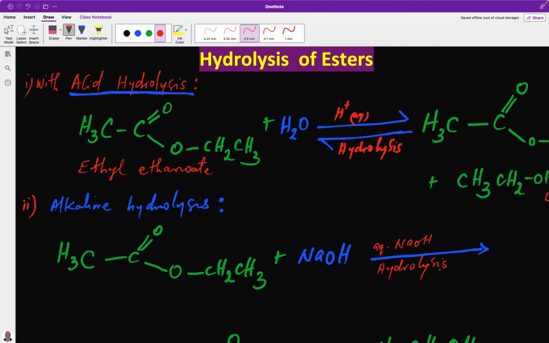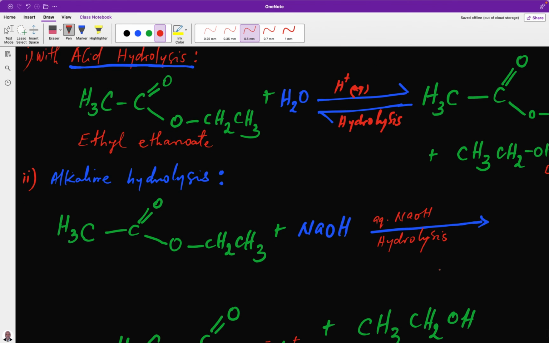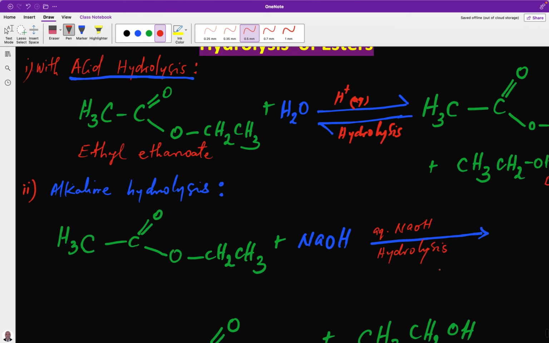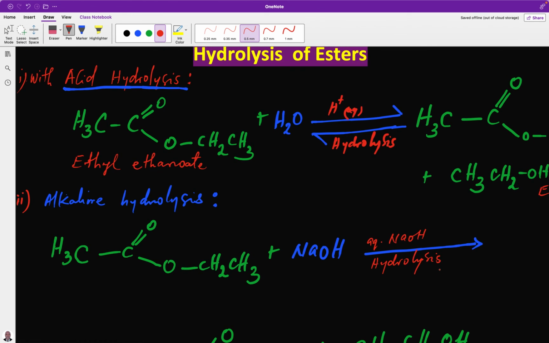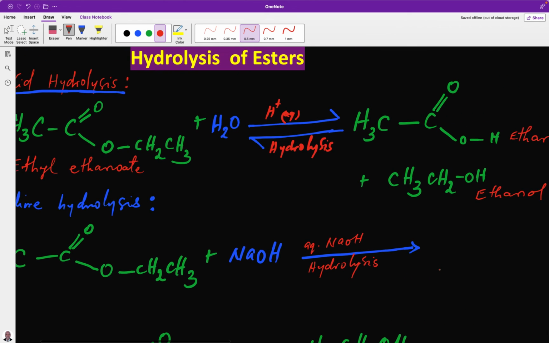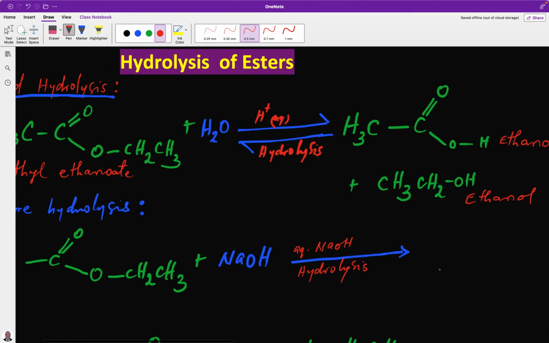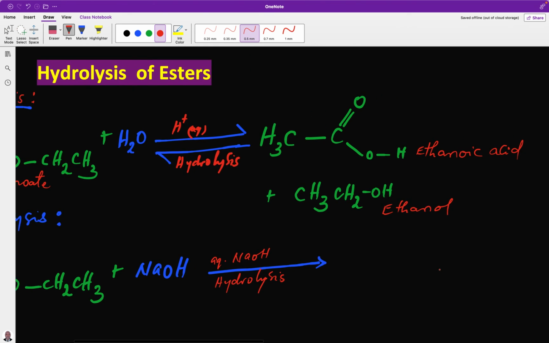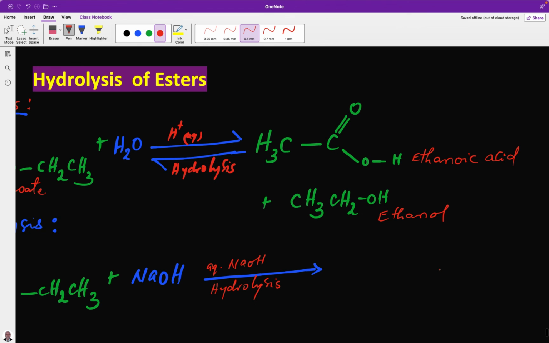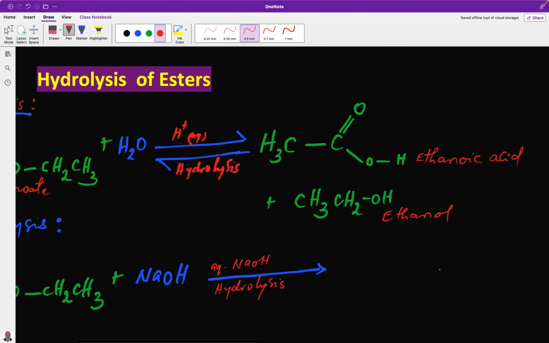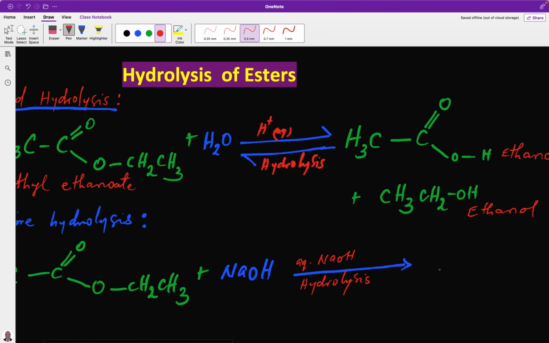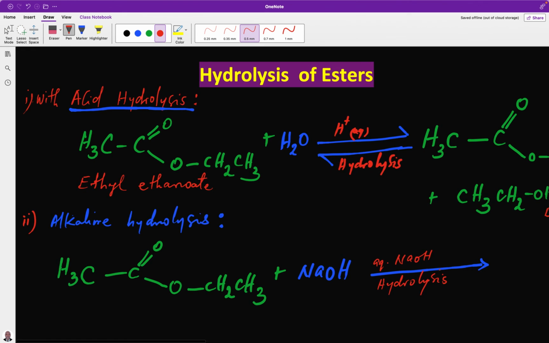A sodium salt of the corresponding carboxylic acid is formed, and the alcohol. So with acid hydrolysis, it is a reversible reaction. We will have ethanoic acid and ethanol formed. This is an equilibrium that is established.